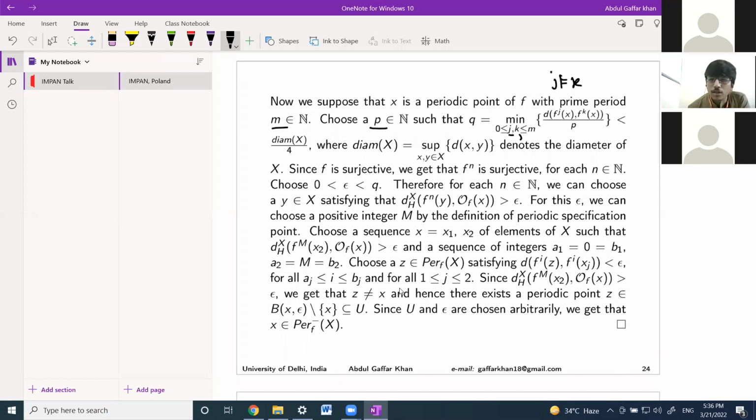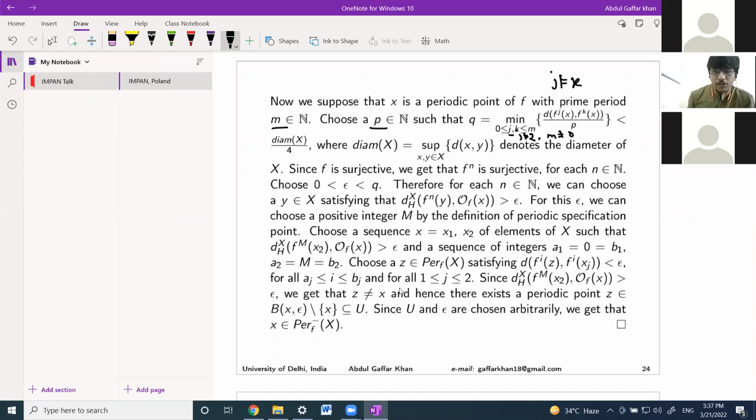So this quantity will be a non-negative number as the prime period of x is m, and we choose a natural number p so that this q is less than the diameter of X by 4, where the diameter of X is the diameter of the space X.